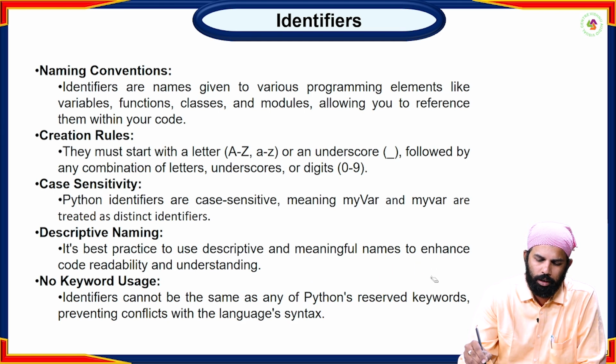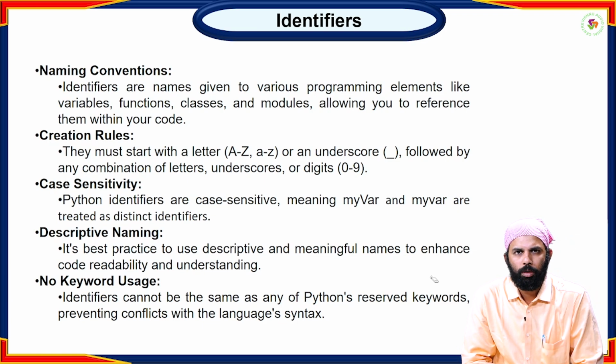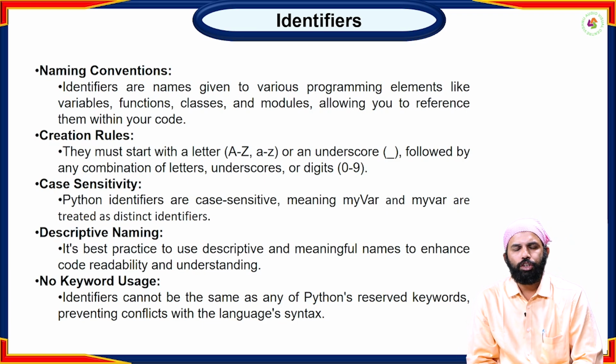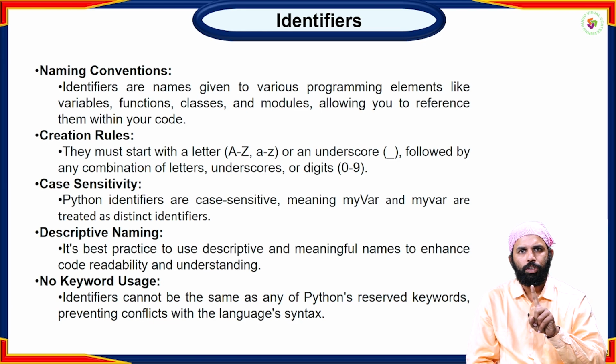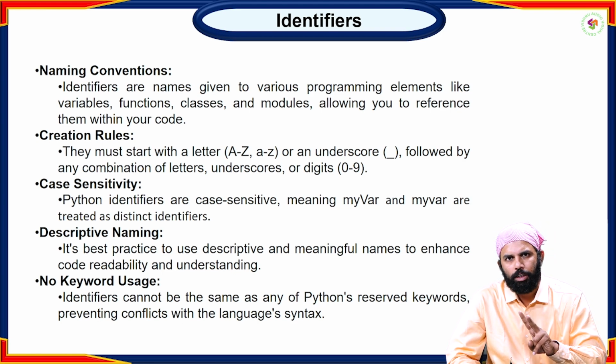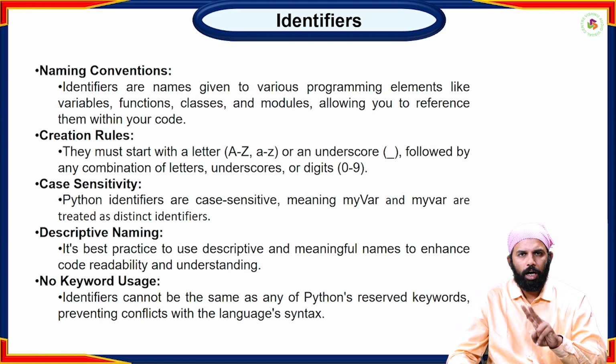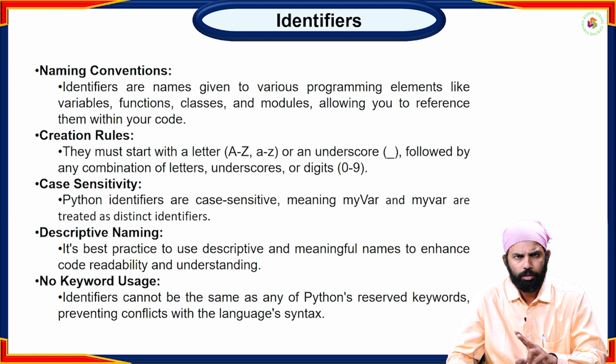We should concentrate that an identifier name should be given in such a way that, first and foremost, it should not clash with any of the built-in reserved words that are already defined. The second rule is that it should start with uppercase or lowercase alphabets, or an underscore can be used as the first character in an identifier name.